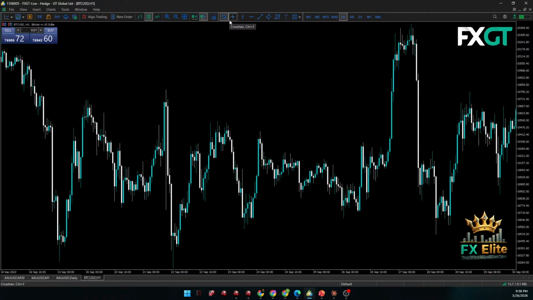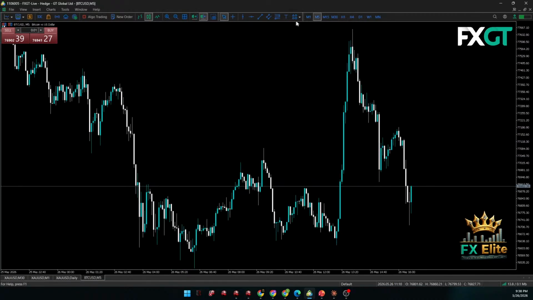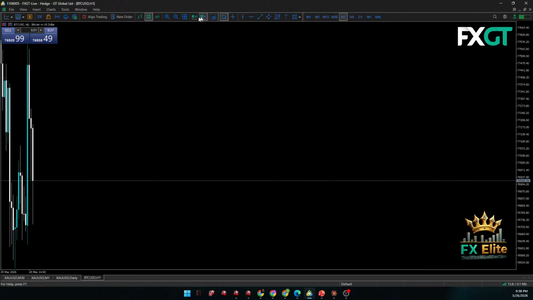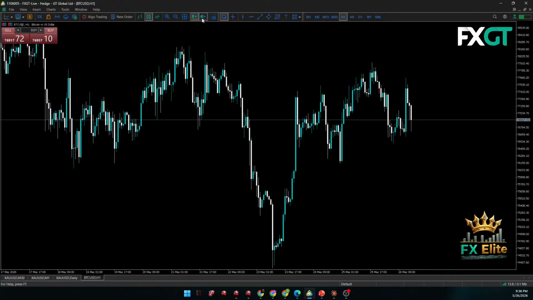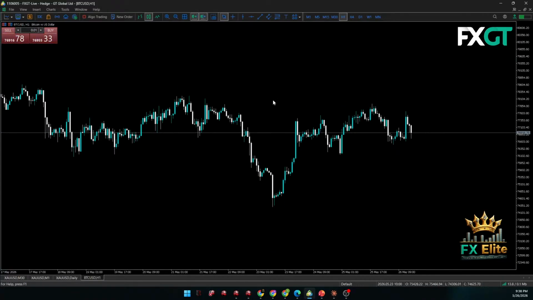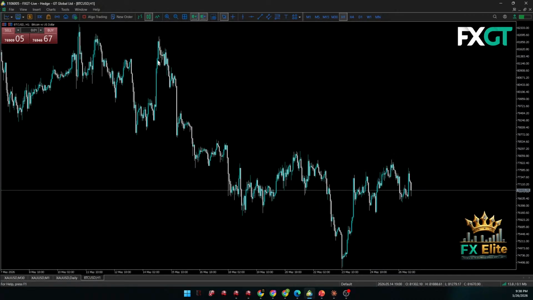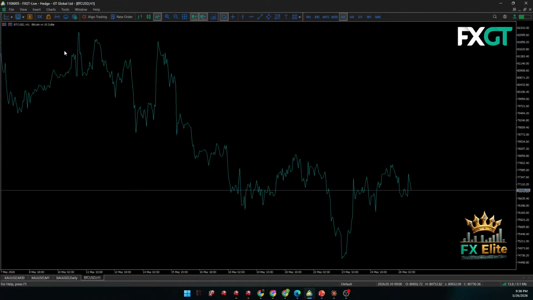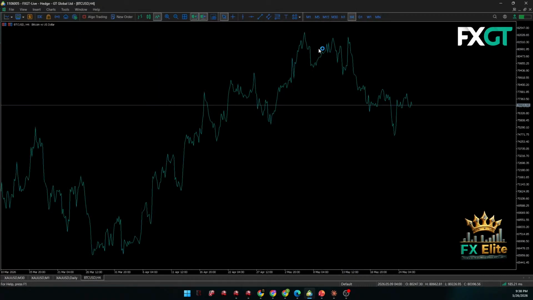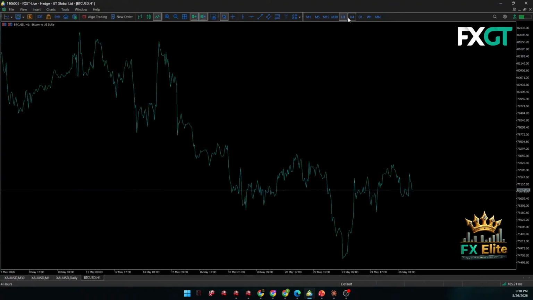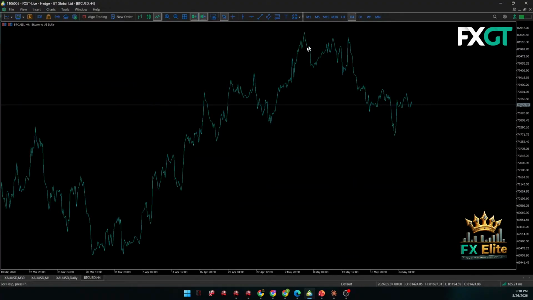let me go to H1, for example. So usually when you do your chart analysis, you need to zoom out so you'll be able to see the charts. So over here, if you place this, maybe H4 or H1, you can already see the market structure from this point.